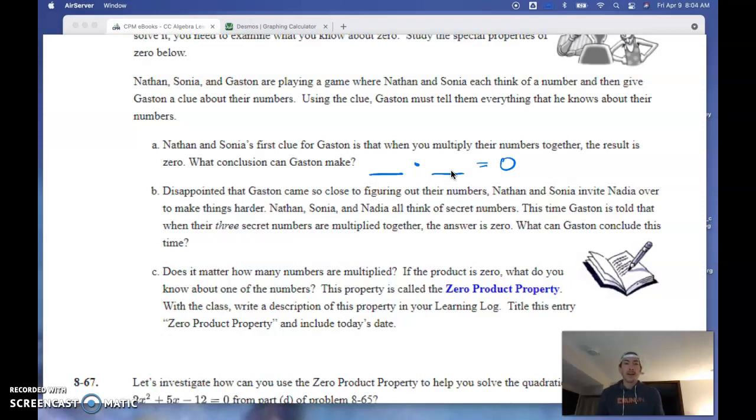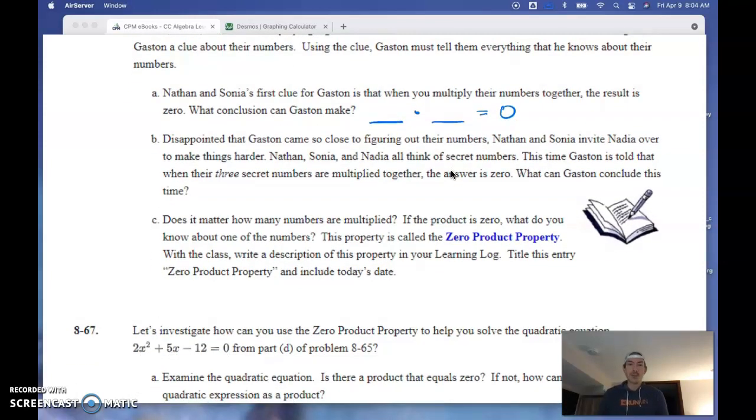All right. Disappointed that Gaston came so close to figuring out their numbers, Nathan and Sonia invite Nadia over to make things harder. Nathan and Sonia and Nadia think of secret numbers. This time Gaston is told that when their three secret numbers are multiplied together, the answer is still 0.